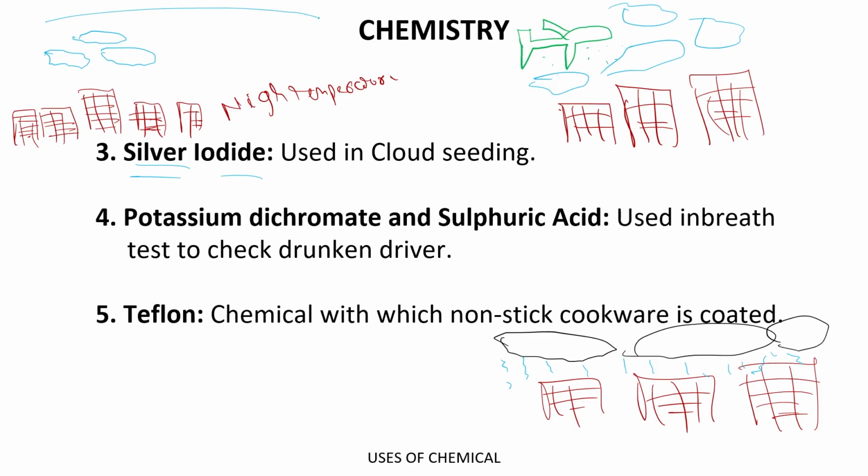First, we have the condition of high temperature but almost no rainfall. Then we use silver iodide, spreading it in the clouds with the help of aircraft. Silver iodide turns the clouds into condensed form, and when they condense, the water vapor converts into water droplets, and then rain starts. So this is the diagram.